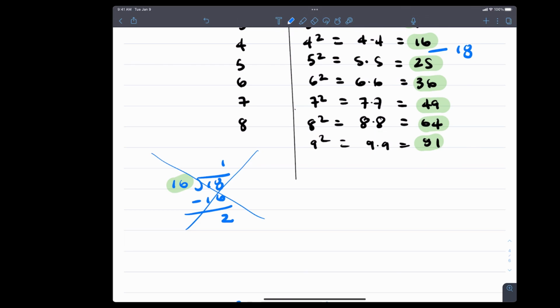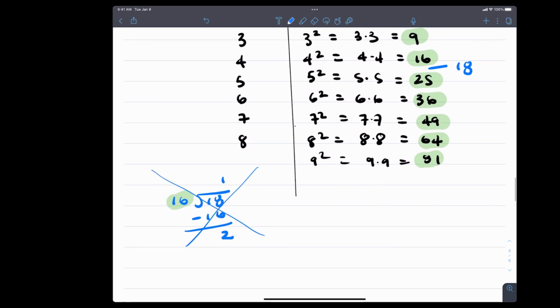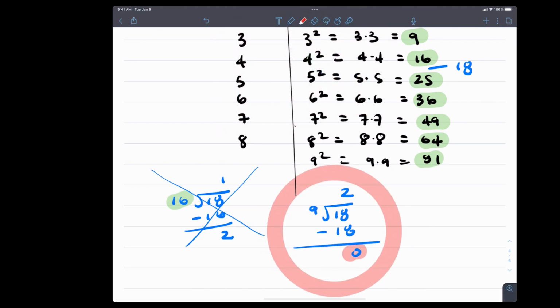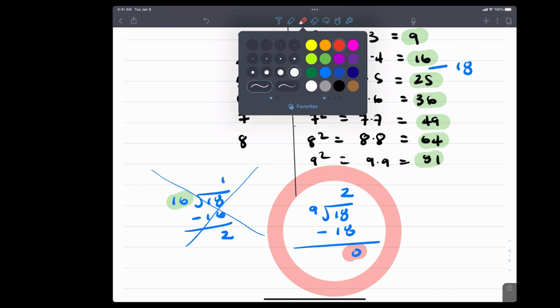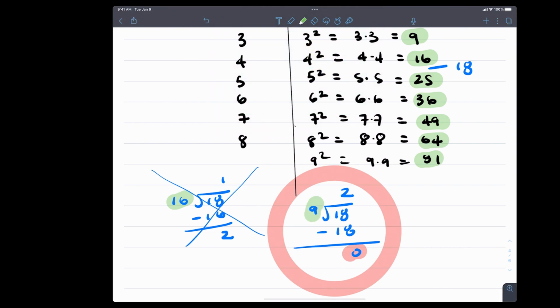We don't want that one. So look at the next perfect square after that one. 9. Does 9 go into 18? How many times? 2 times 9 is 18. Subtract. What's your remainder? You're right here. That's it, because this is the 9. That's the largest perfect square that goes into 18.